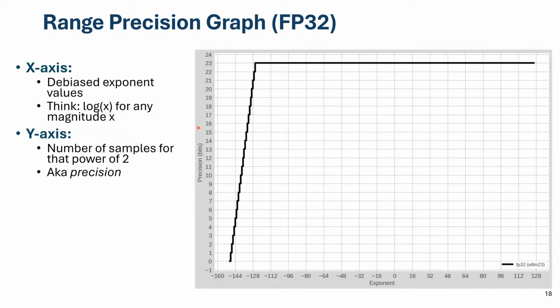FP32 is E8 M23, so in this region you just have 23 bits of mantissa, or 23 bits of precision, no matter what power of 2 you have. And this follows the definition of floating point, the same number of sample points between successive powers of 2, except once you get to subnormals.